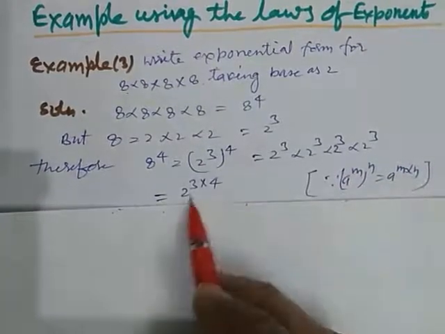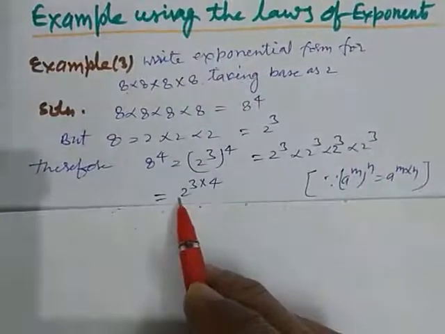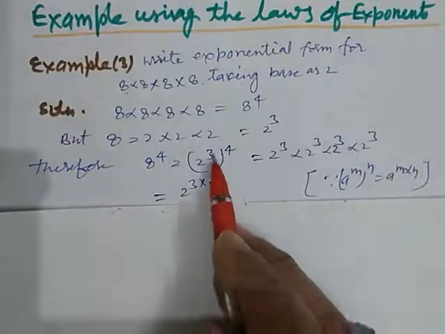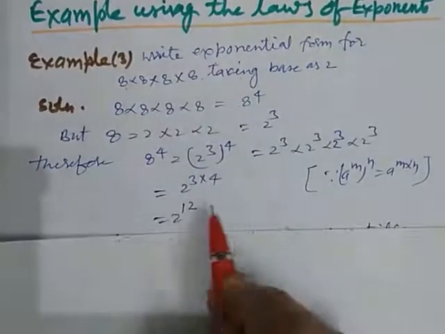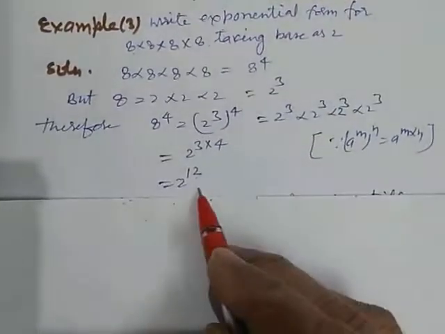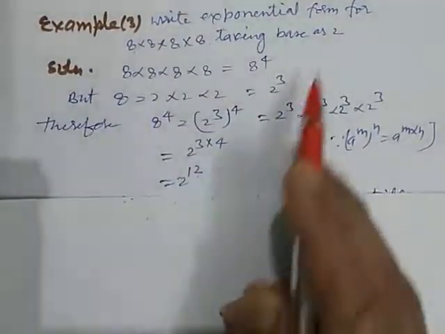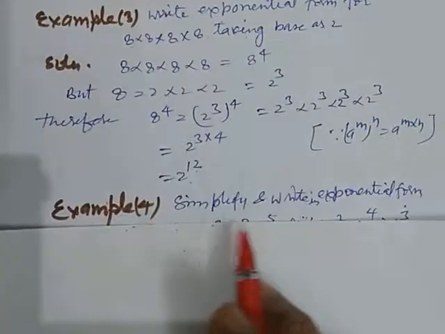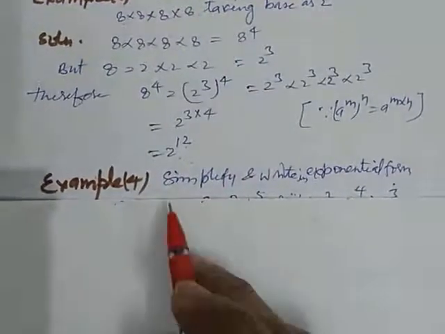With the help of this we can write this as 2 raised to the power 3 into 4 directly. So this becomes 2 raised to the power 12. Remember this. This is the exponential form with base 2. This is our result.